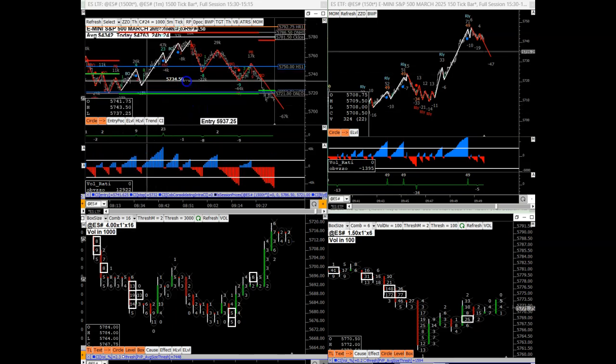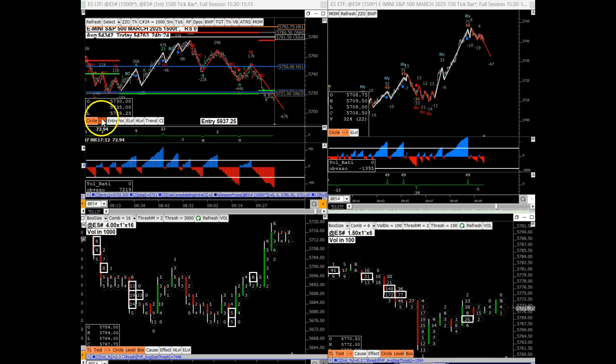Here's another example, and then the increase in selling, because demand is weak. Demand is weakening. It's declining. It's decreasing demand.